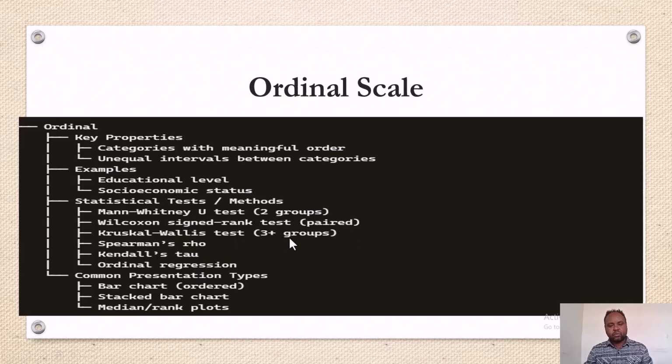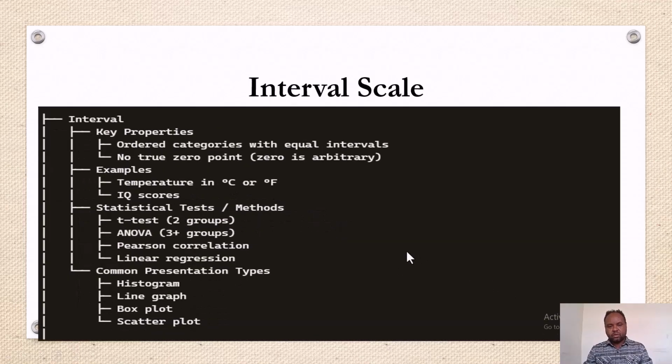For testing two groups, paired, for more than two groups, for correlation, rank correlation, and for modeling. For modeling, instead of logistic, now we make use of ordinal regression in ordinal scale. What the appropriate presentation types for ordinal scale include bar chart, stacked bar chart, median or rank plots, right?